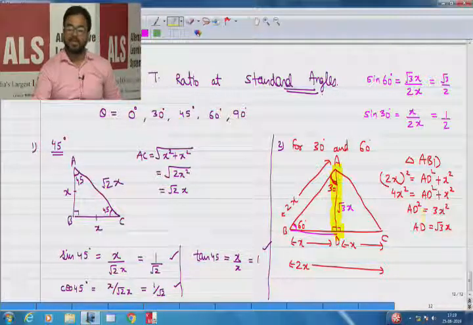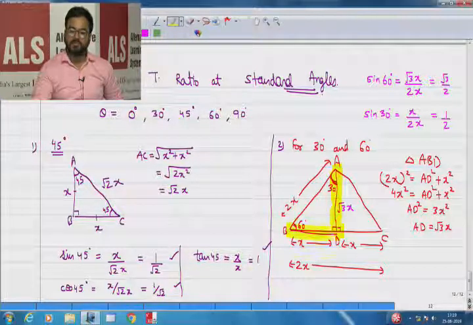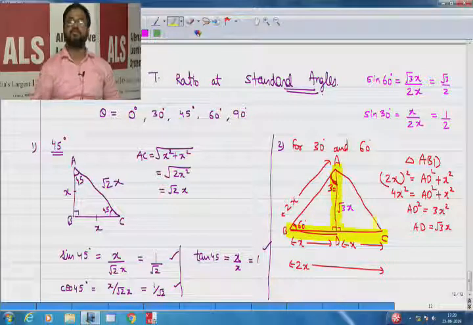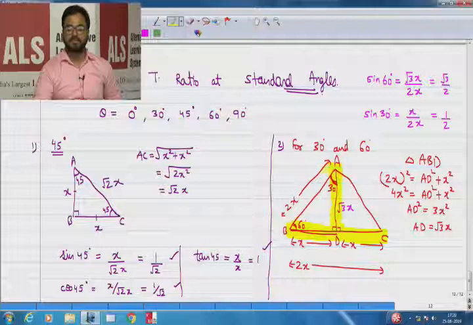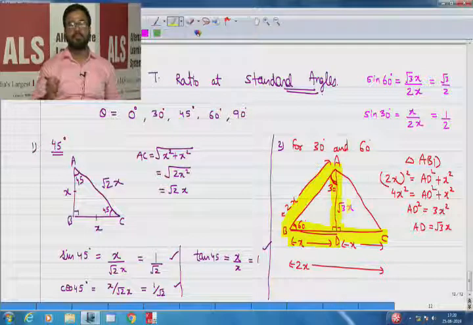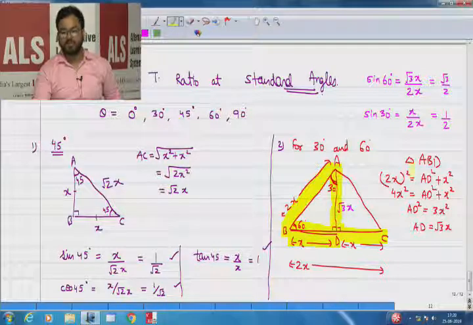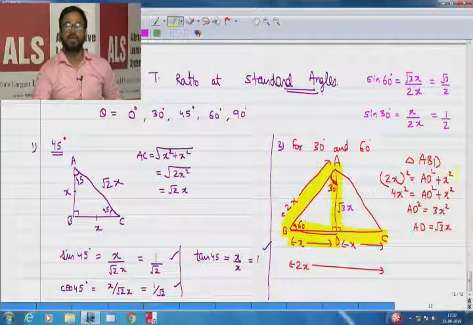Let's say all the sides of triangle ABC are 2x. So the base is also 2x, but when it is divided into two parts, it becomes x and x. So AB is 2x, BD is x. You can find the value for AD by using the Pythagoras theorem. 2x square is equal to AD square plus x square.